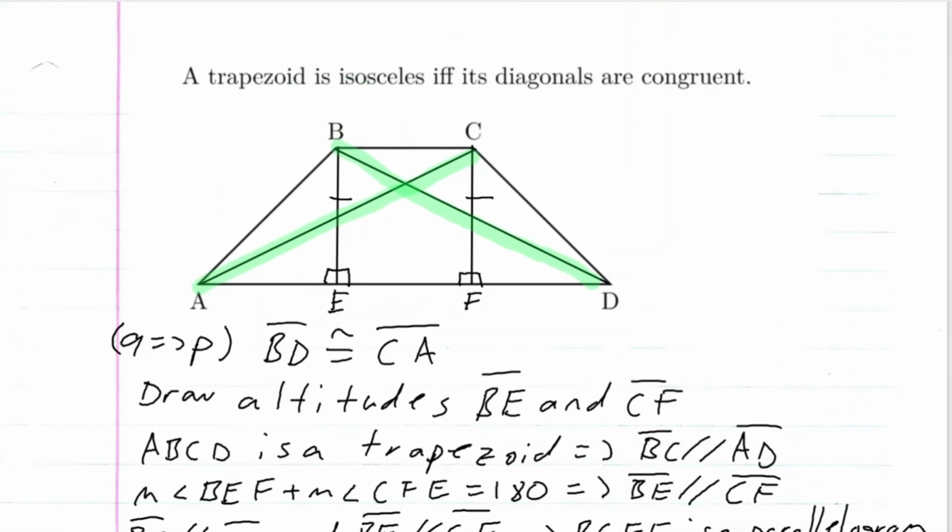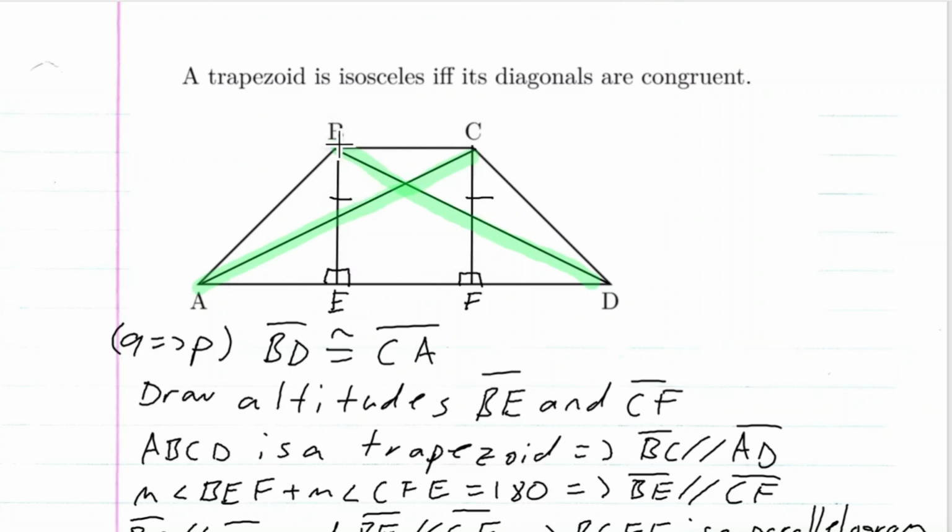Okay, so now let us see. Oh yeah, we have hypotenuse leg, right? BE is congruent to CF. If we look at triangles BED and CFA, we have leg congruent to leg, hypotenuse congruent to hypotenuse. There we go.